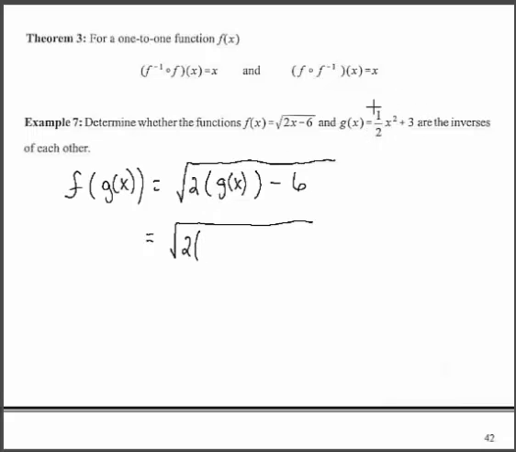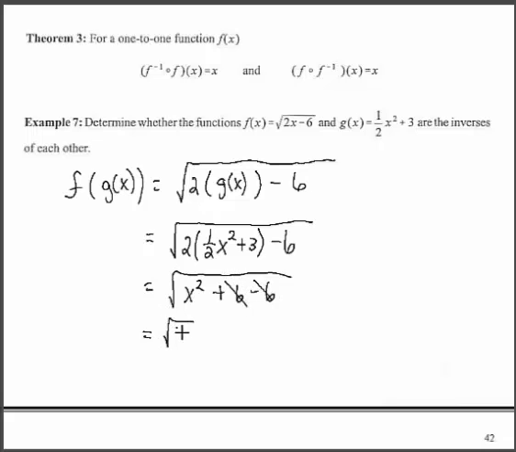Inserting the actual expression for g of x, we place one half x squared plus 3 inside. We distribute the 2, and the 6's cancel, and we get the square root of x squared, which is actually the absolute value of x.